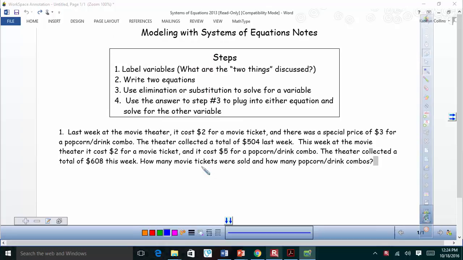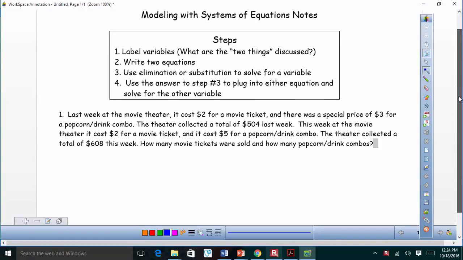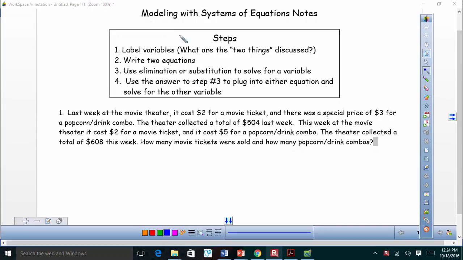So we're still talking about systems of equations, and we're not changing anything that we did, like solving it by elimination or substitution. We're not learning a new way to solve it. All we're doing is taking it in word form now, like in a word problem, and then writing out the equations, okay? So the steps to doing this, first we're going to label our variables.